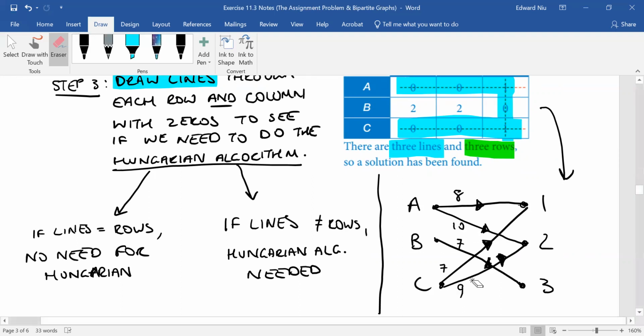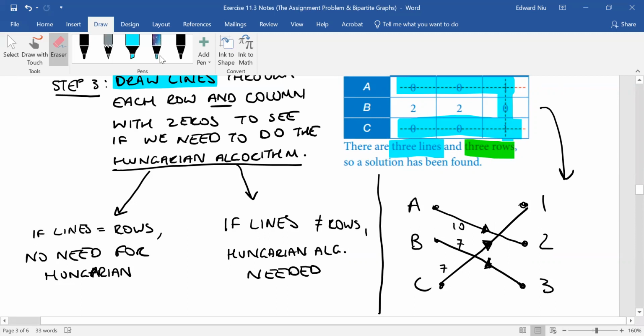So let's rub out A's option. Let's go with 7. So C can do job 1. And then A can do job 2. All right.